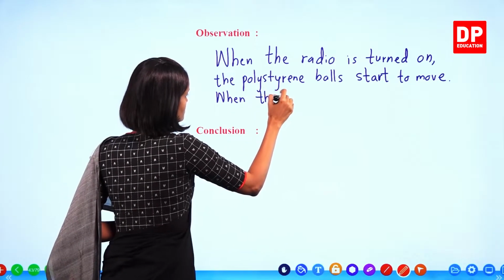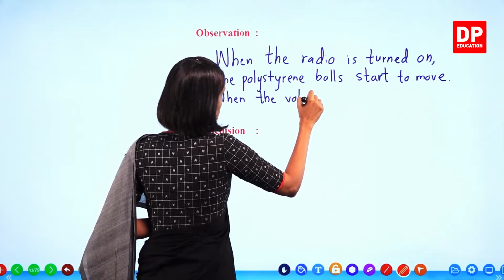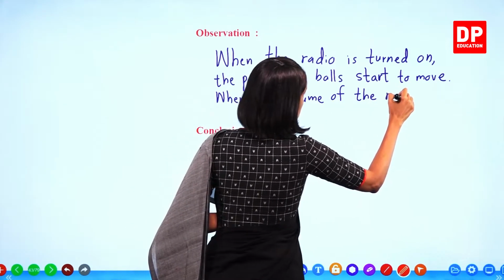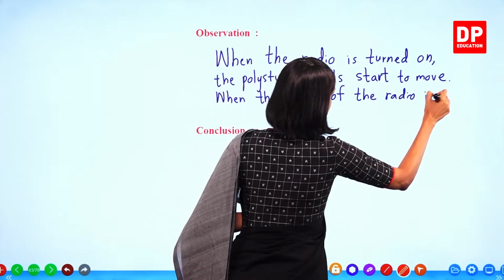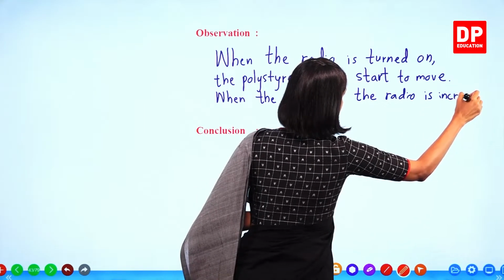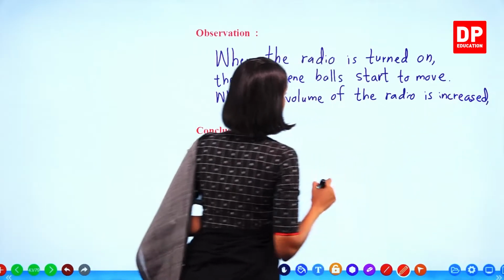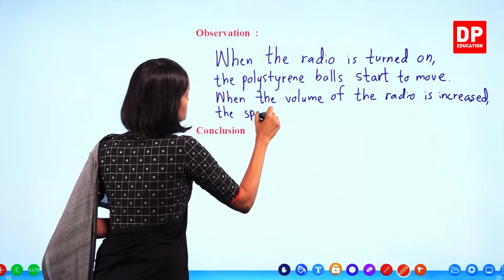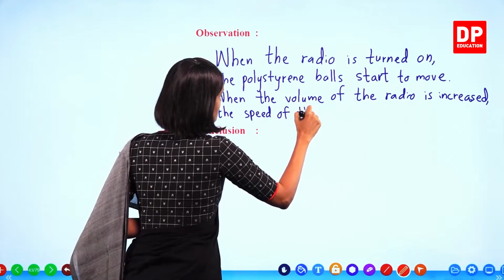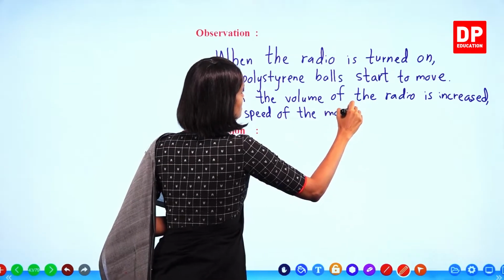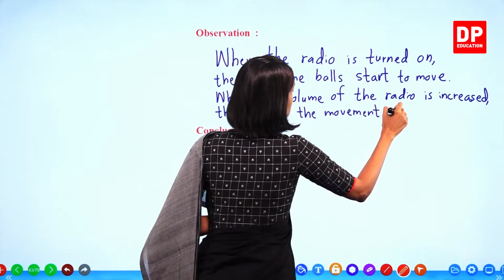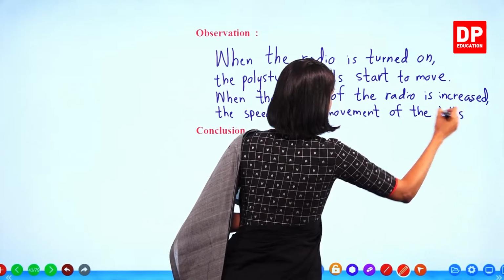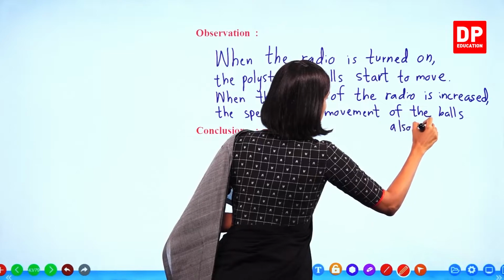When the volume of the radio is increased, the speed of the movement of the balls also increase.